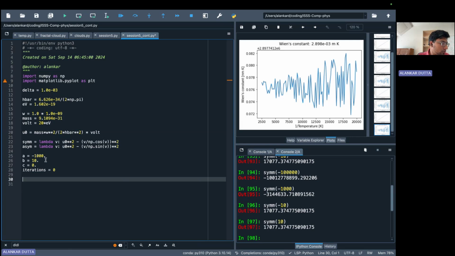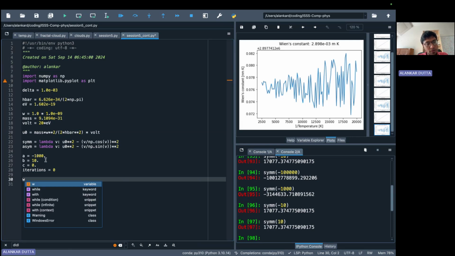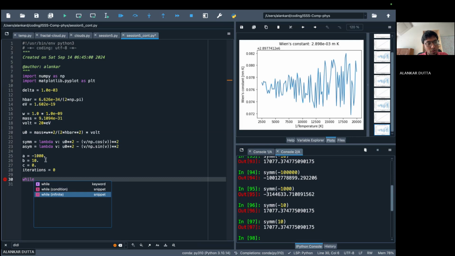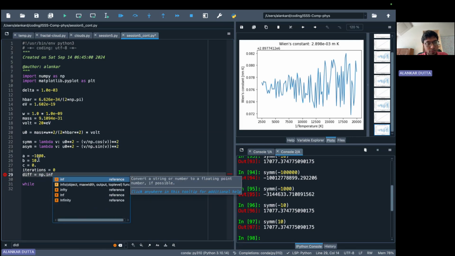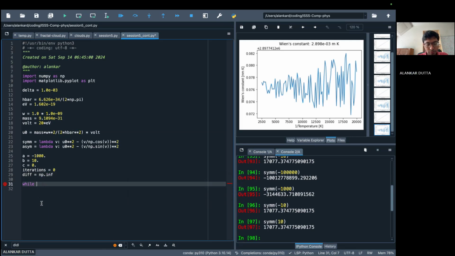And now depth is going to start with an infinite value, while the difference is less than tolerance. So this is what we are going to call tolerance, right?